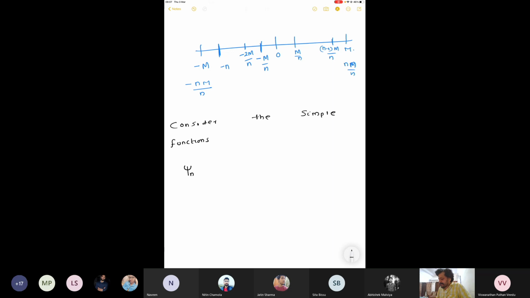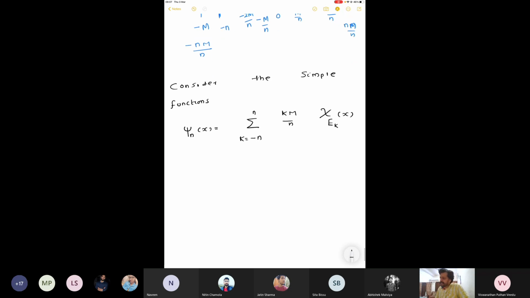ψ_n(x) = Σ_{k=-n}^{n} (km/n) χ_{E_k}(x) and φ_n(x) = Σ_{k=-n}^{n} ((k-1)m/n) χ_{E_k}(x).